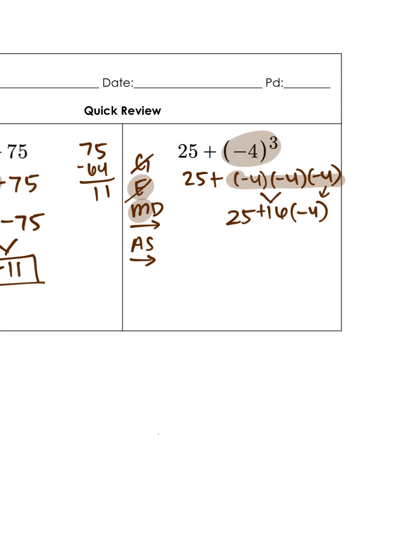Okay, so again, I'm still working on this multiplication. That was technically my exponent, so I'm not going to worry about adding quite yet. I'm going in order with my GEMDAS. So I need to figure out 16 times negative 4. Well, a positive times a negative is a negative, and I'm going to figure out 16 times 4 on the side. Now 6 times 4 is 24, and then 4 times 1 is 4.